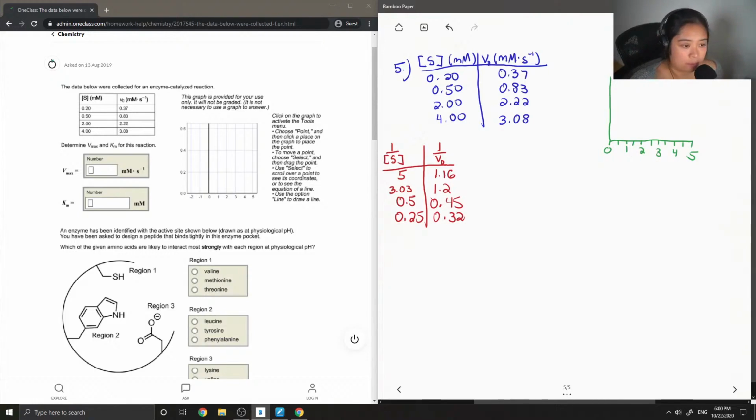Then for the y-axis, it's going to be the 1 over the rate. So let's do it like 0.1. No, that's not gonna work. Let's do 0.2.